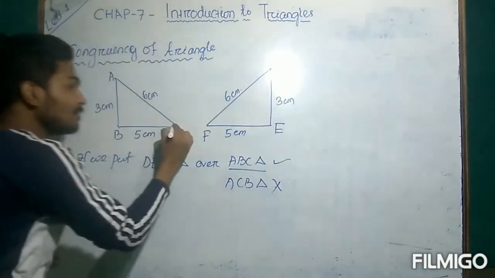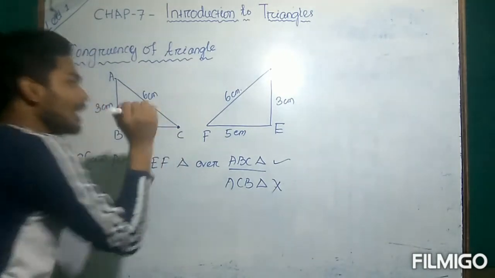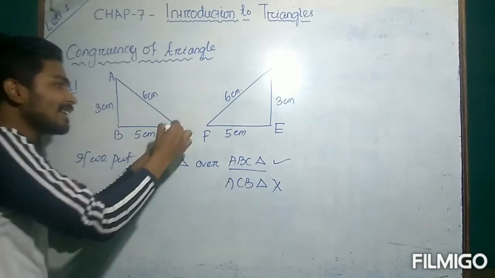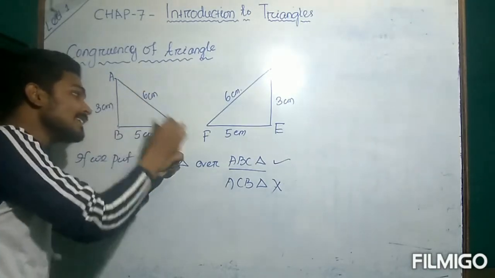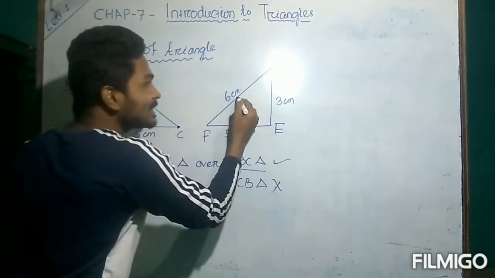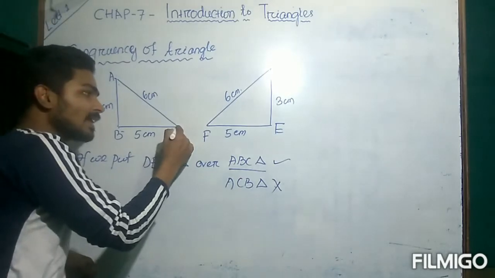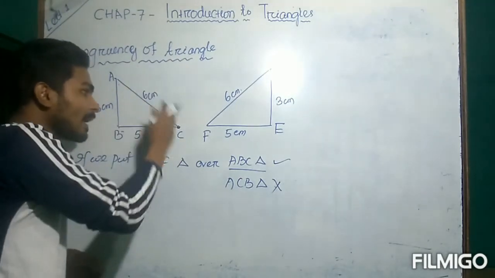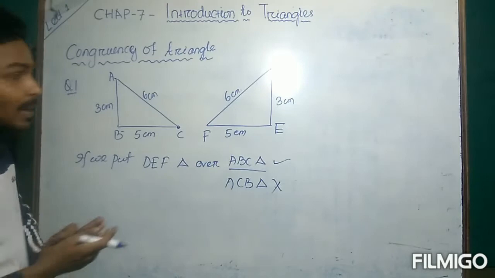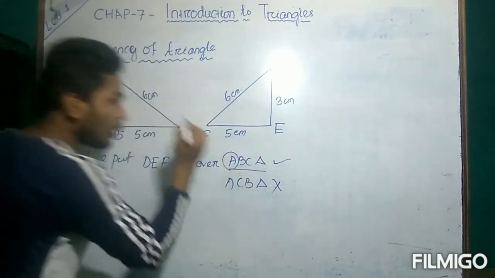Similarly, if I started from this other point, here the 6 cm and 5 cm sides meet, but here the 6 and 3 cm sides meet. That is why we cannot name the triangle from that point. We have to correlate the two triangles. That is why I started writing from the point A.